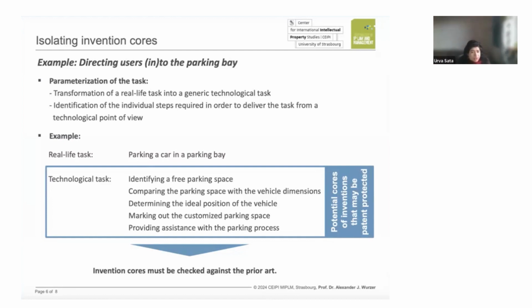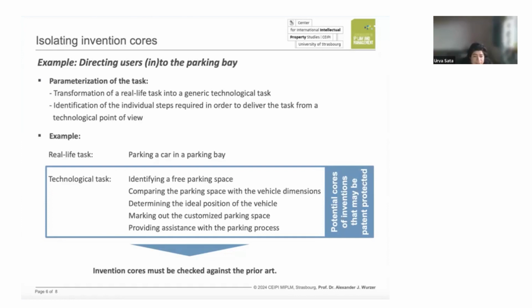So maybe a comparison is made that sees there's a possibility of parking on another parking level, which would enhance the qualitative experience, which would make the process of parking easier. There are other technological tasks like determining the ideal position, the orientation, whether reverse parking is possible, or what orientation the car should be parked in.